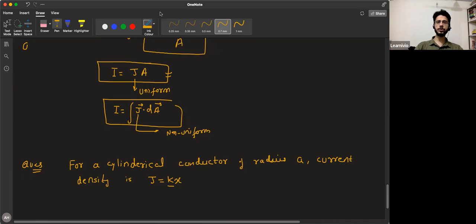So current density is uniform or non-uniform? Non-uniform. This is a non-uniform current density. You're supposed to calculate current passing through the cylindrical conductor.